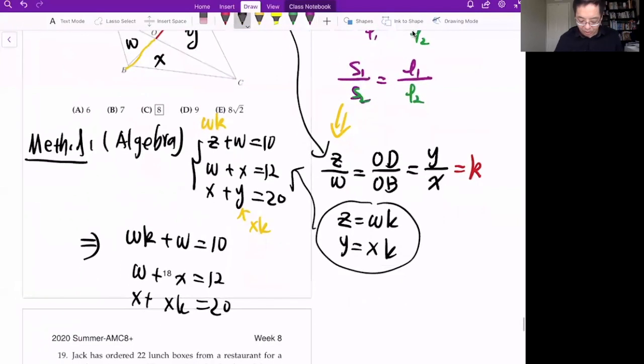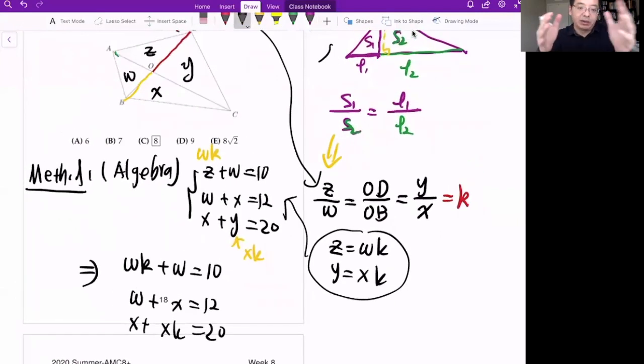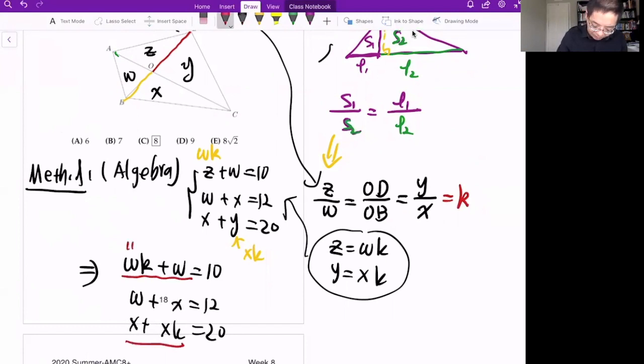Okay, so now you see, oh, we only have three unknowns for three equations. So we can solve these three unknowns. Of course, we need to find a quick way to solve this. Now, what we can do is, from wk plus w and x plus xk, if I write this out, I get w times 1 plus k is 10, and x times 1 plus k is 20.